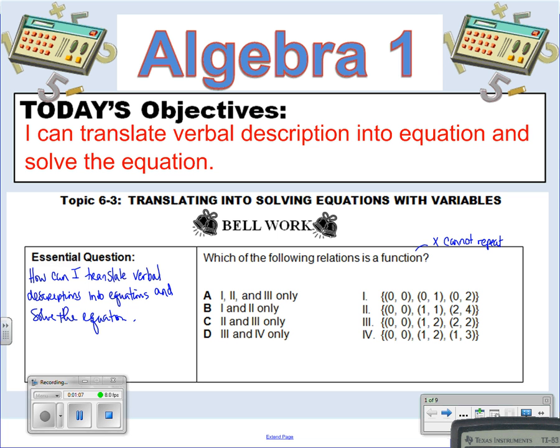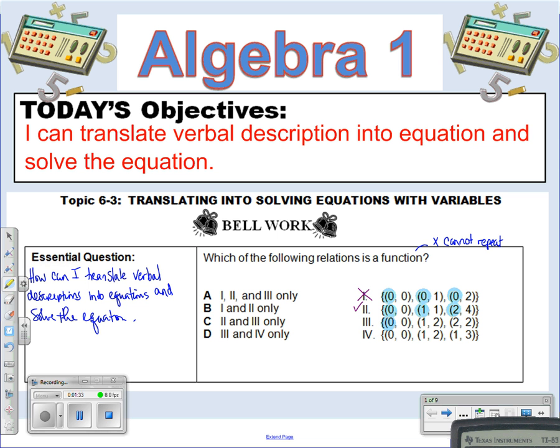So let's look at our x values. In 1, the x-coordinate is 0 for the first one, 0 for the second one, 0 for the third one. Our x's repeat, so this cannot be a function. In 2, we have x is 0, x is 1, and x is 2. They're all different, so it is a function.